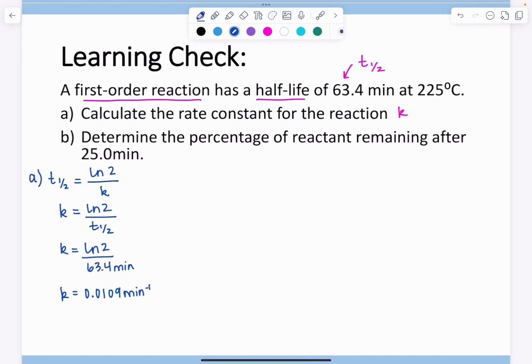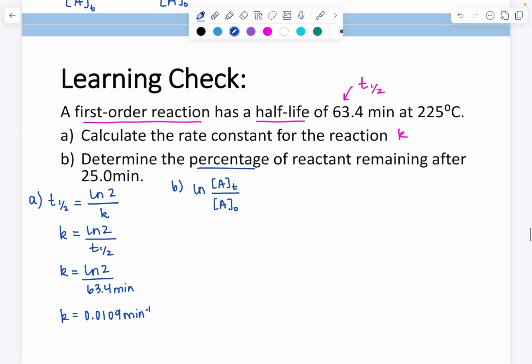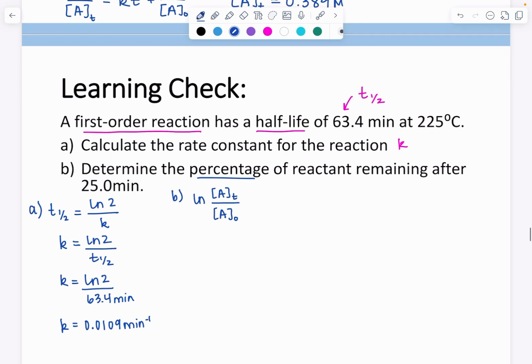When you're asked for a percentage or a ratio, oftentimes you'll use an equation that has those values that you're looking for in a fraction. So here's what we'll use, and that is the concentration of A at time t divided by the initial concentration. So a little note to write here at the top.